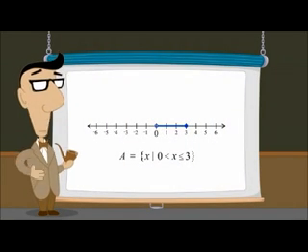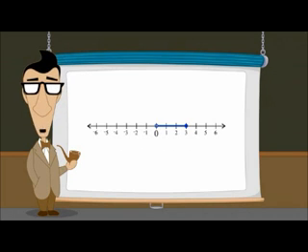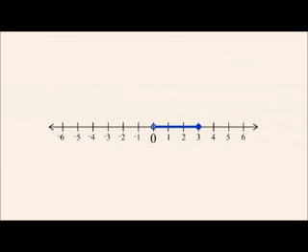It is not always necessary to use set builder notation when defining numeric sets. Another notation, called interval notation, is often an easier and more compact way to define numeric sets. As an example, let's use interval notation to define a closed interval whose endpoints are 0 and 3.